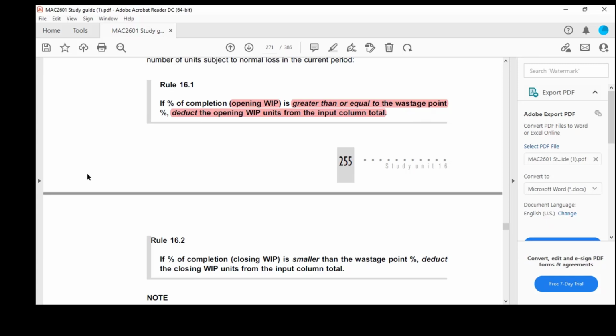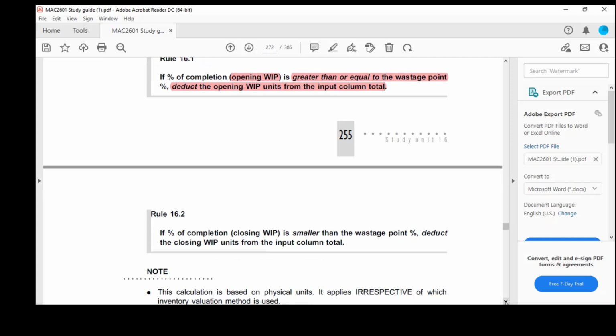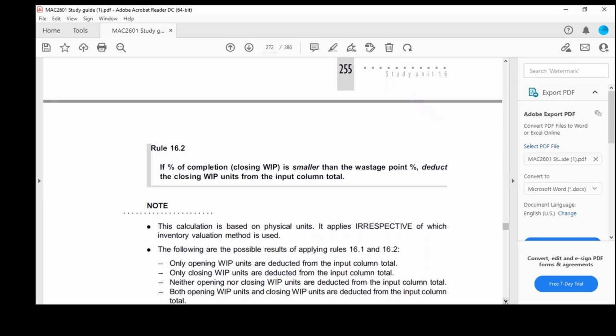If the percentage of completion of your opening WIP, what you came with from the previous period, is about, let's say, 30%, that 30%, if it's greater than or equal to the wastage point percentage, then you deduct your opening WIP from the input. We will see an example that speaks about this rule.